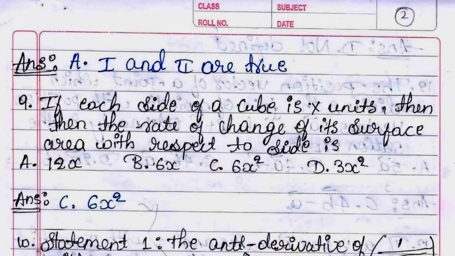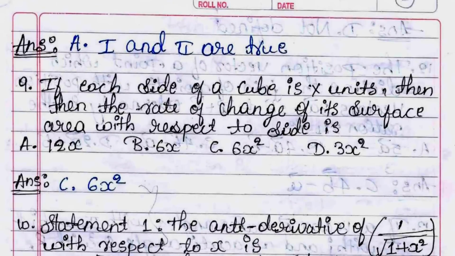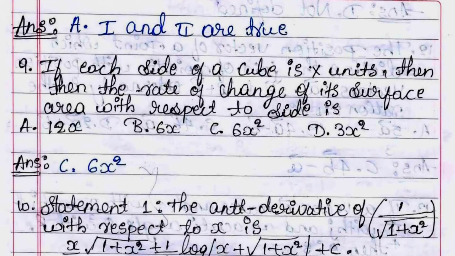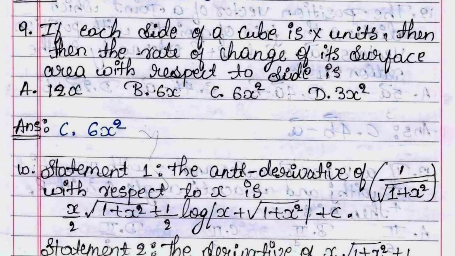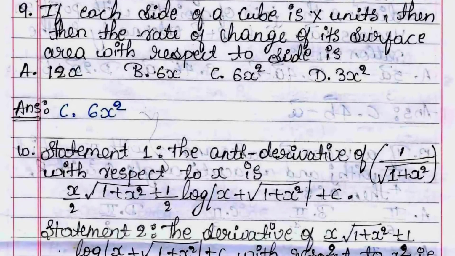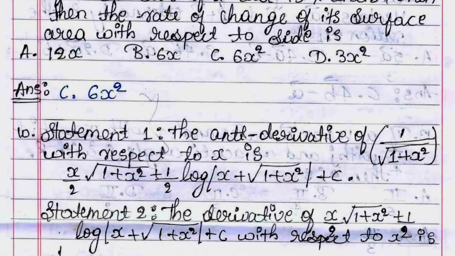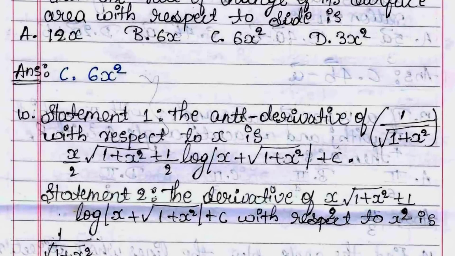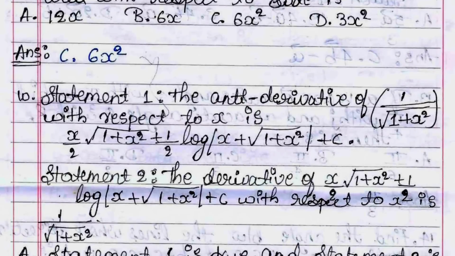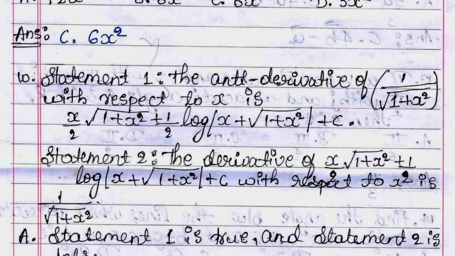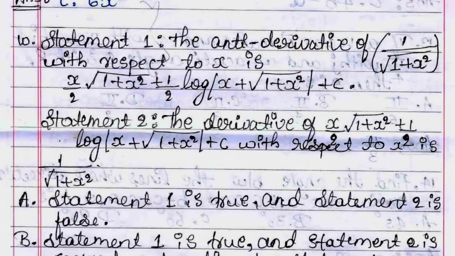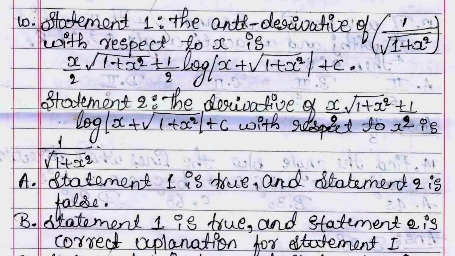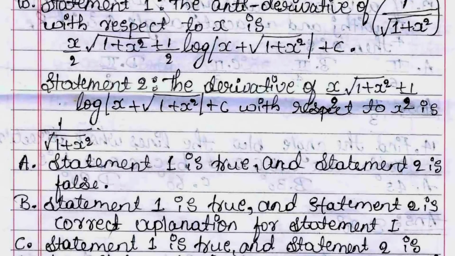The antiderivative of 1 by root 1 plus x square with respect to x is x by 2 root 1 plus x square plus 1 by 2 log mod of x plus root 1 plus x square plus c. Statement 2: the derivative of x by 2 root 1 plus x square plus 1 by 2 log mod of x plus root 1 plus x square plus c with respect to x is 1 by root 1 plus x square.